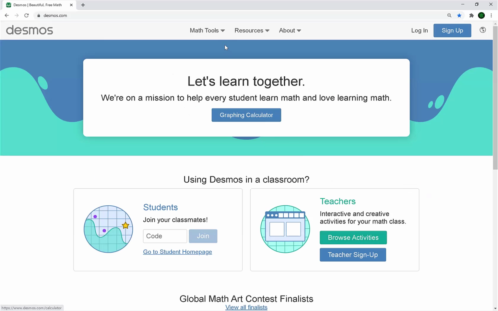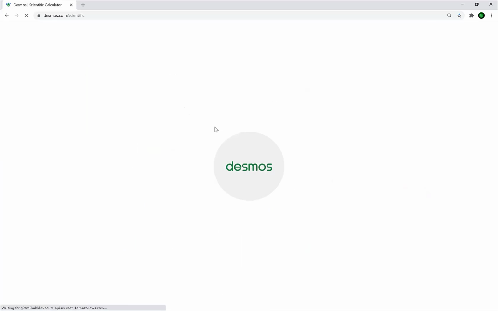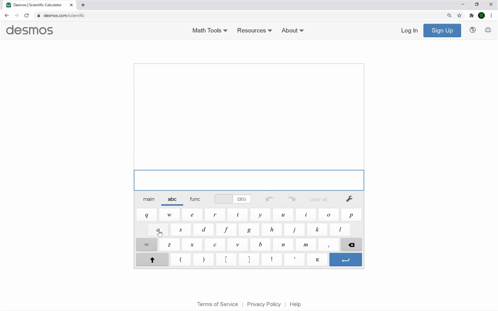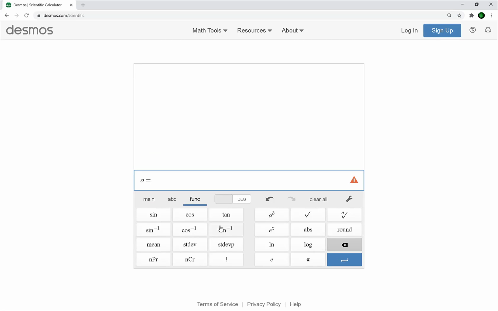Okay, there we go. I don't necessarily need a graphing calculator, I just want a scientific calculator. So I know that cosine x equals 0.3, so I'm going to find the angle of x. How do I do that? I'm going to call it A, by the way. So I'm going to say A equals arc cosine of 0.3.